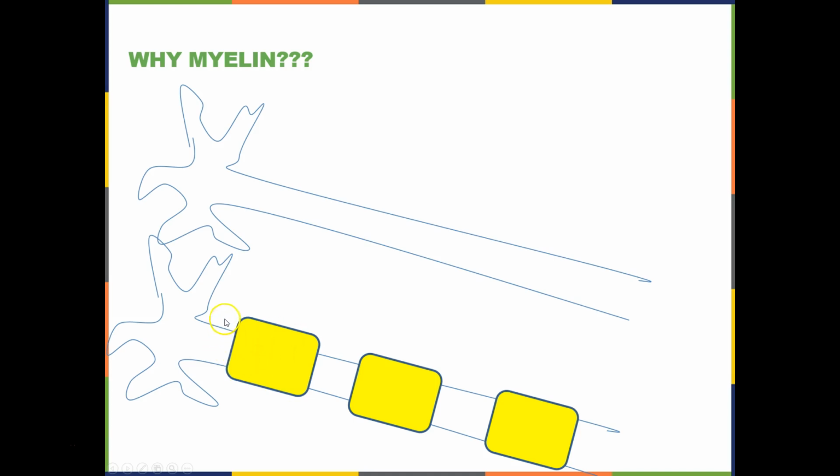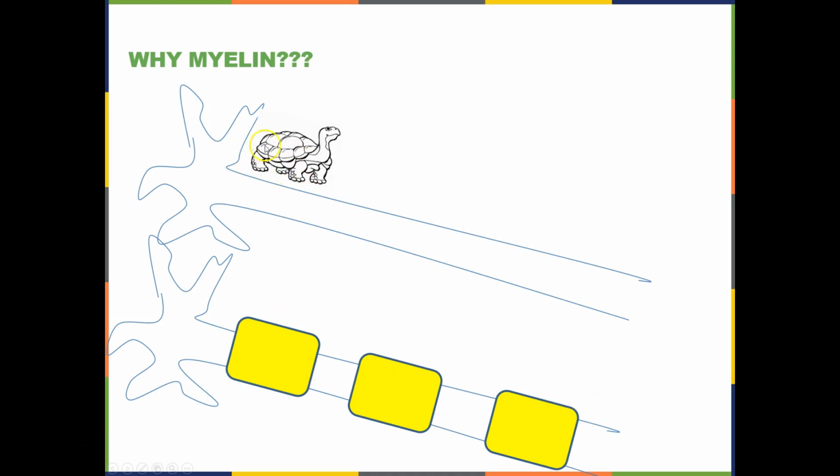So now, instead of moving through the entire length, we only have to open up sodium-gated channels here, here, here, and there to get to the end. So this would kind of be like running down the block, so much faster. Or if you're handing a ball from one student to the next student all the way down to the end versus tossing the ball from one table to the next table to the end, it's going to be a lot faster.